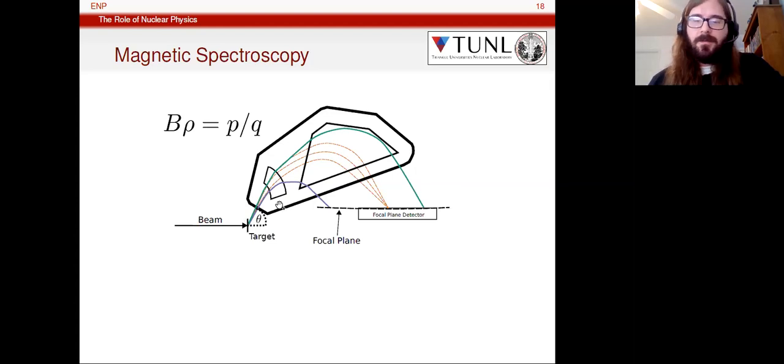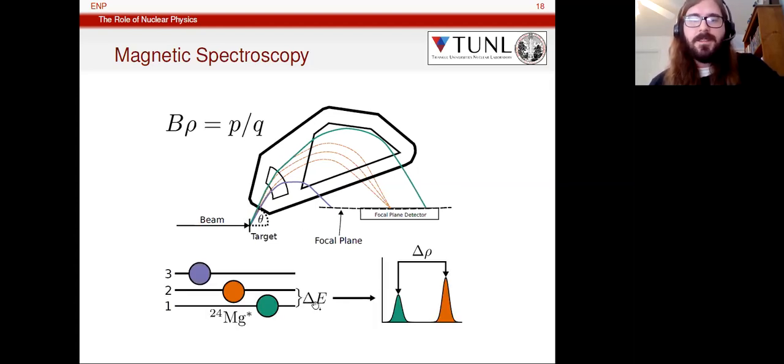And then once that's done, these differences in energy levels between the excited states of magnesium will be turned into differences of bending radius. And so a position-sensitive detector will allow us to access the high resolution that the spectrograph provides, and then also through an energy calibration give us the energy of these states.